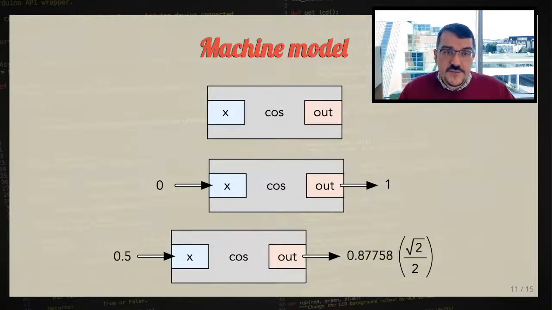If we put the value 0.5 into the x parameter, as we'll see they're called later, then we'll get an output of 0.87758, which is the square root of 2 over 2, but we just see it as a number. It's just a real number.